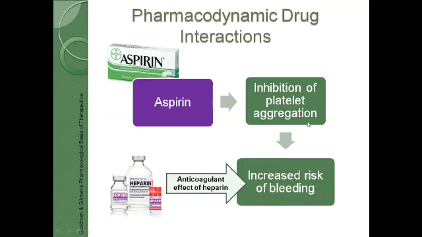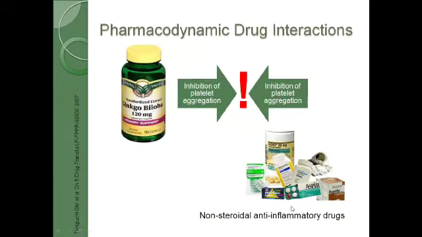So it will inhibit thrombus formation, hence thromboembolic events, and will reduce cardiovascular risk. And when it is used together with anticoagulant heparin, depending on the dose, concomitant use may end up with risk of bleeding. Another type of pharmacodynamic drug interaction can end up with a bleeding problem.